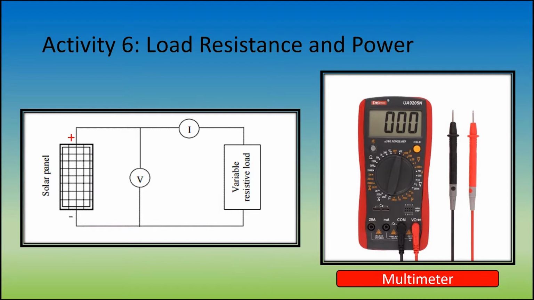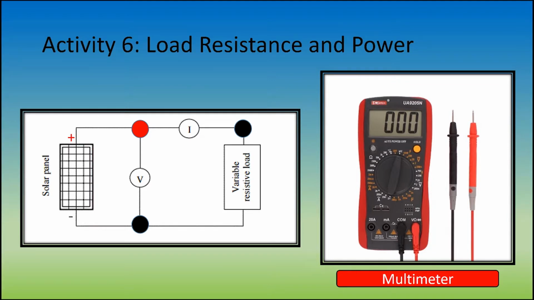You will achieve this by drawing a graph of power versus voltage. The circuit on the left is what you will be building. You are going to use the device on the right to record the current and voltage for every resistor you use. Each resistor will be a new point on your graph. As you can see, the device has a positive prong in red and a negative prong in black.